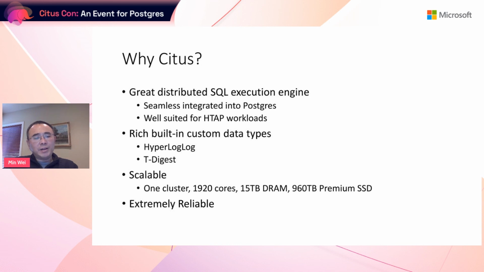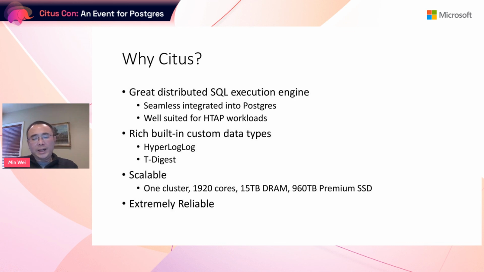Another thing is scalability. Quite often people ask whether the database scales: can I throw more resources at it to either lower the query execution latency or handle more data? I have a few Citus clusters.